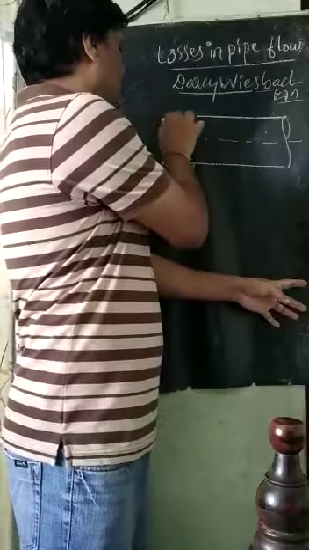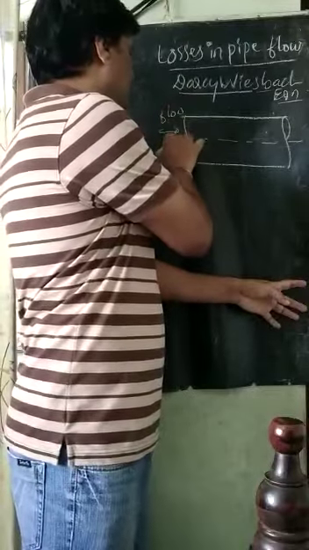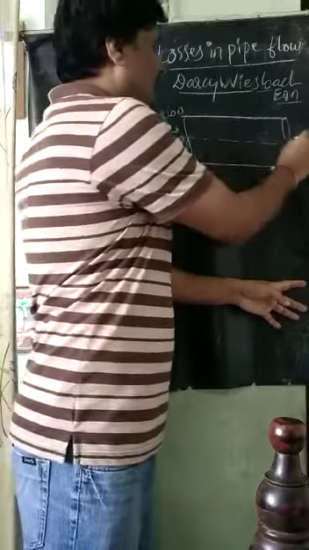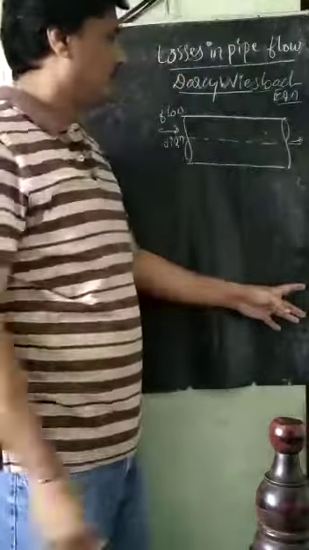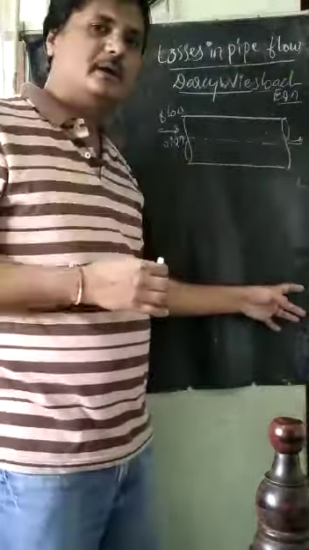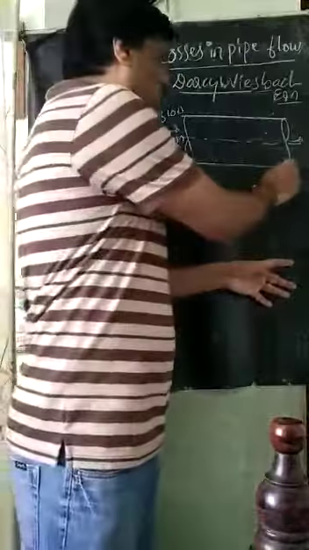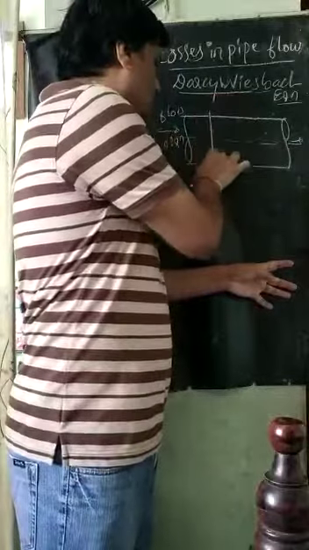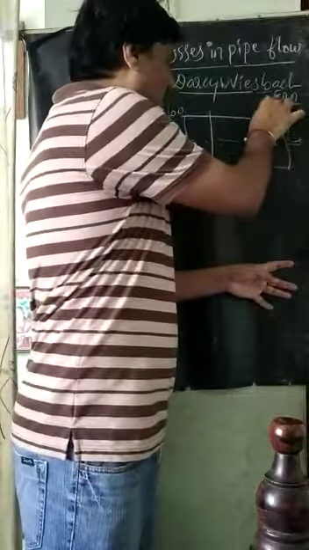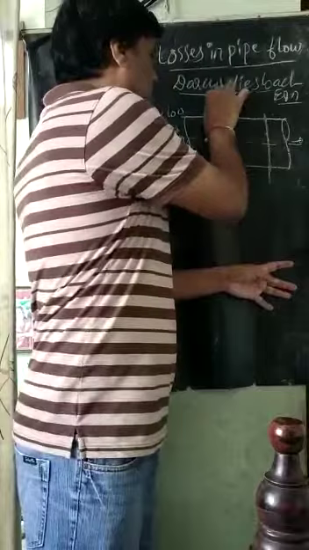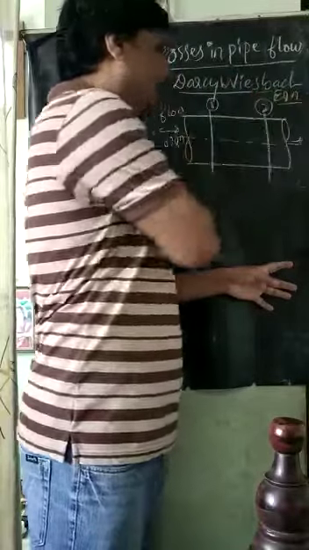Fluid is flowing here, flow direction, and fluid is going out here now. When fluid is flowing in this pipe, definitely there will be friction loss. We are taking for the derivation two sections, section 1 and section 2. This is section 1 and this is section 2 here.